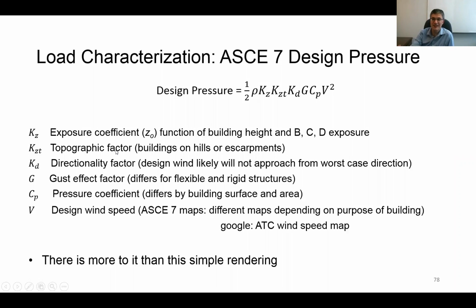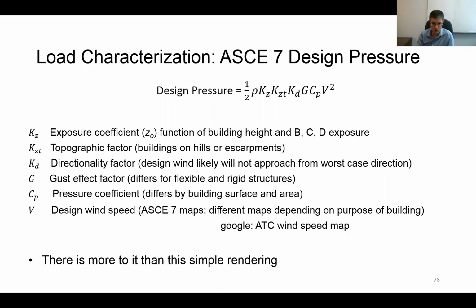If your building is sitting on top of a hill or an escarpment, you'd have a factor there to change your design pressures. There's a directionality factor. This tries to back out some of the enveloping I talked about in the previous slide. So it's unlikely that when your building does see its design level event, it's going to happen to come from the worst case direction for that house, and so there's a reduction factor allowed for that. There's a gust effect factor that is a very different animal depending on if you're a flexible or a rigid structure that's being designed.